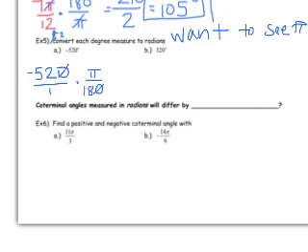If you're having trouble with this mental math, you need to really think about how 52 breaks up. They're both at least even numbers, so that's 2 times 26, and this is 2 times 9. So the 2's cancel. So that's left with 26 over 9, so negative 26 pi over 9.